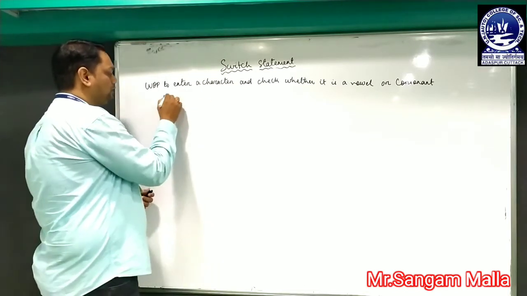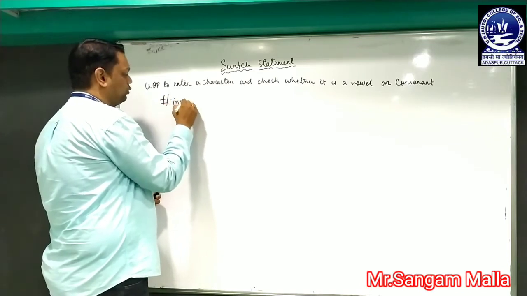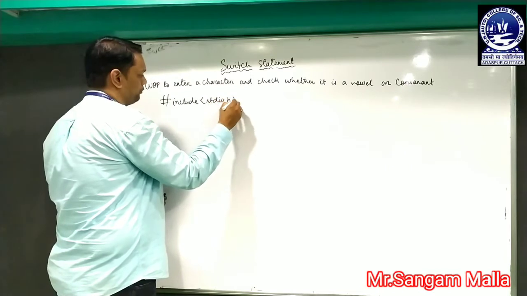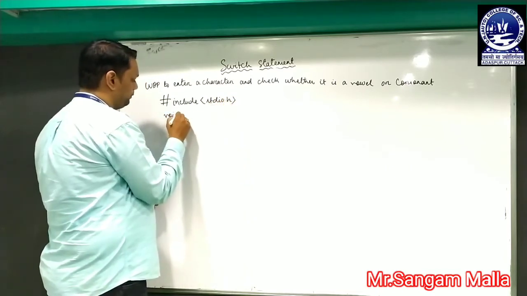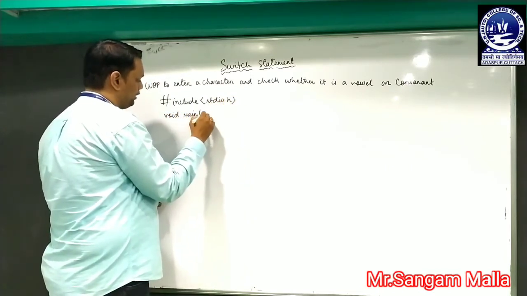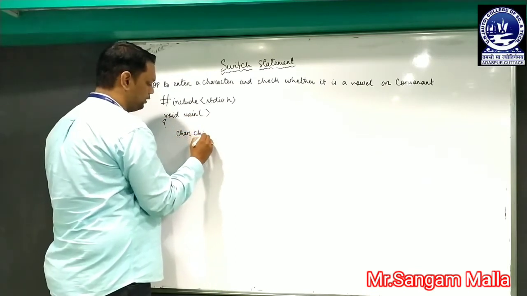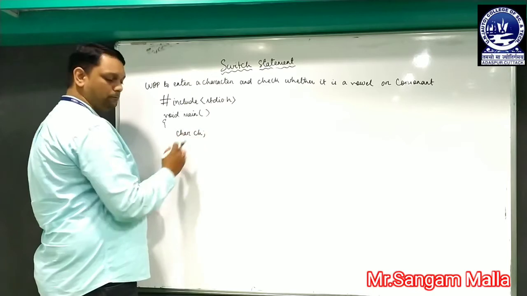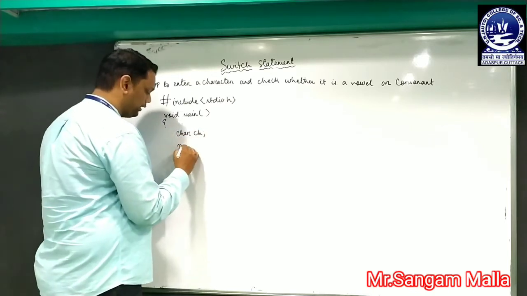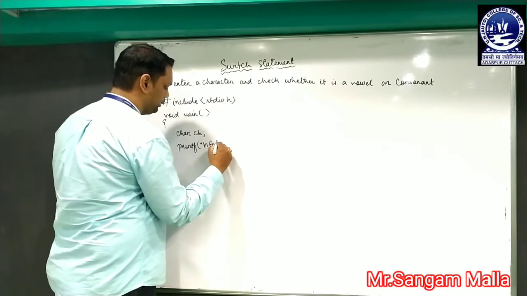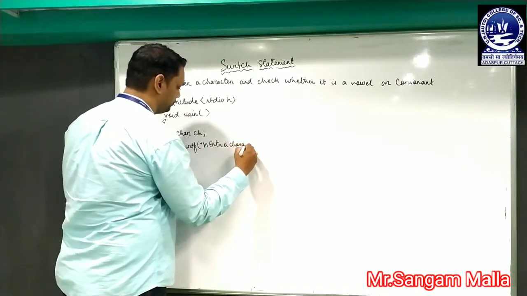So our program will start with #include <stdio.h>, then void main. Now we have to enter a character, so we have to take a character data type. Let us say we have taken ch. Now we have to enter it. So printf, let us say we write "Enter a character".